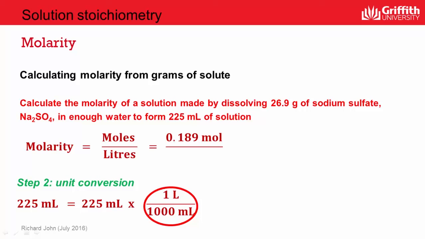The point here, by having this conversion factor of 1 litre over 1,000 mL, is that we will cancel out the millilitre unit and we'll just be left with the litre unit. So 225 times 1 over 1,000 leaves us with 0.225, and the units there being litres.